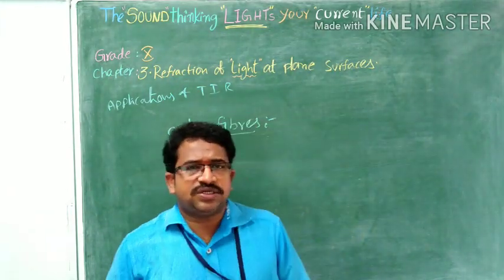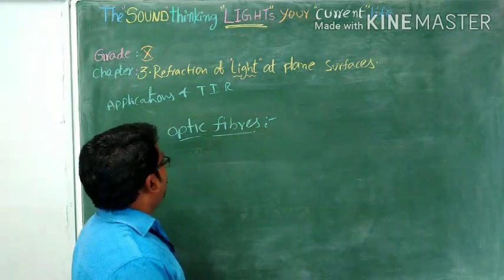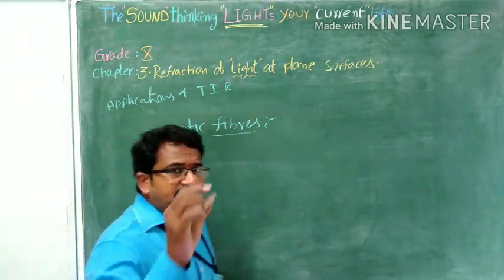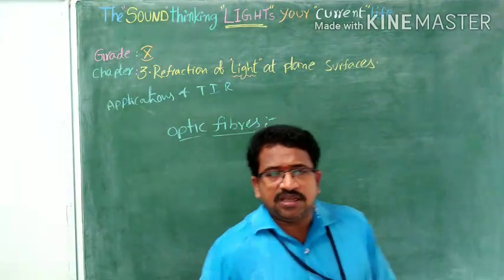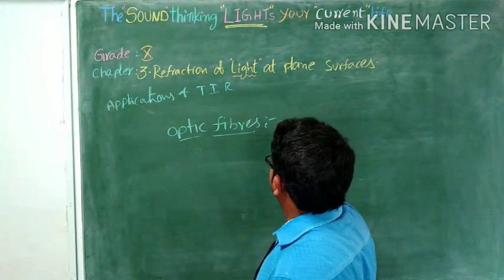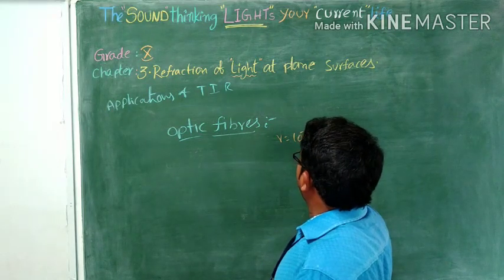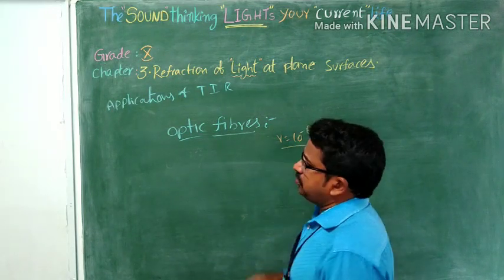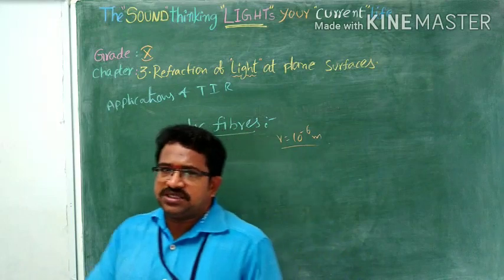So how does it actually happen? Optical fibers are made of very thin glass rods, with a radius of about 10 to the power of minus 6 meters, which we call a micrometer.